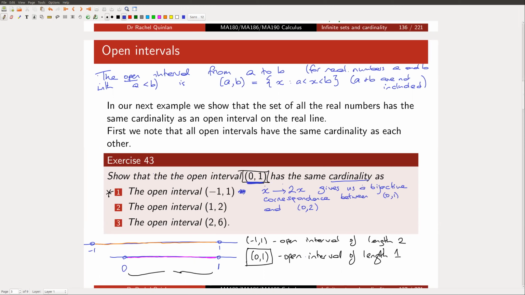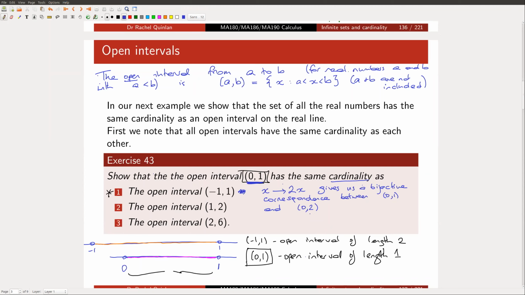Multiplying by 2 is a one-to-one function, it doesn't take two different things to the same thing. So this idea of just doubling takes us from the open interval 0 to 1 to the open interval 0, 2, and we can reverse it by just dividing everything by 2. That'll take us from 0, 2 to 0, 1. So this doubling idea gives us a bijection between an open interval of length 1 and an open interval of length 2, which already tells us that intervals of different lengths can have the same cardinality.